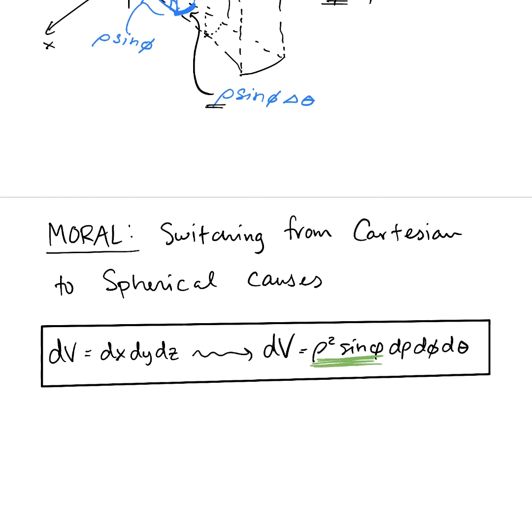The analogy to r is rho squared sine phi, and there is no pirate joke for this, because no pirates say, rho squared sine phi d rho d phi d theta. That's not a thing. And yet, you still have that little correction factor. It's just this time, the role of the correction factor is being played by rho squared sine phi.